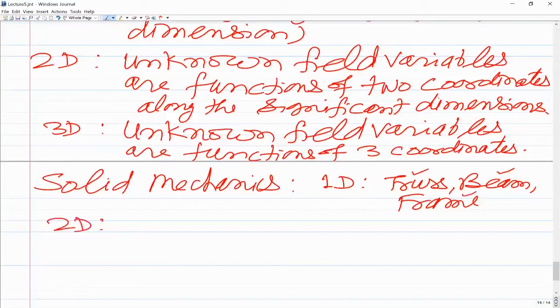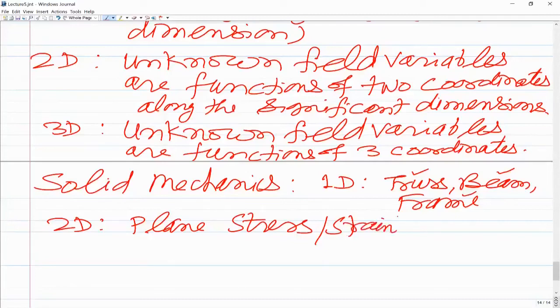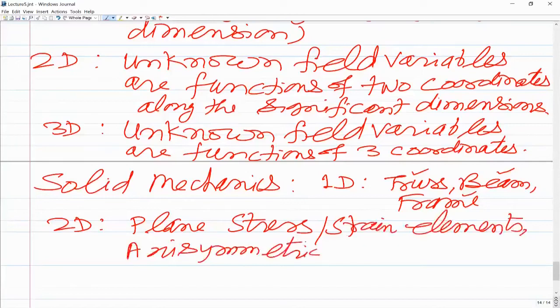And then in solid mechanics under 2D you have what are known as plane stress or plane strain elements. That is one set of elements. Axisymmetric, of course, sometimes we do put under solid, but essentially we model the displacements as unknown functions of two coordinates, so that is why I am putting this under 2D.